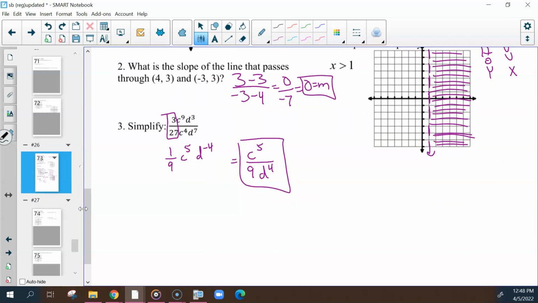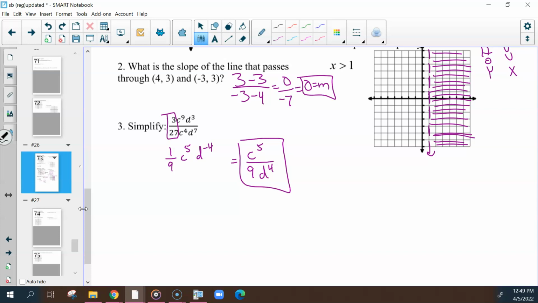But number 3 is something we have not talked about, so I'm just going to briefly explain what this is and what you're doing. Here you are using exponent rules. You are dividing 3 and 27, figuring out what that is as a fraction. And then if you have like bases, you are subtracting your exponents.